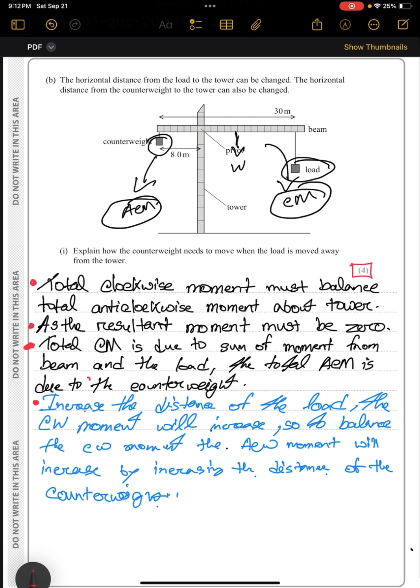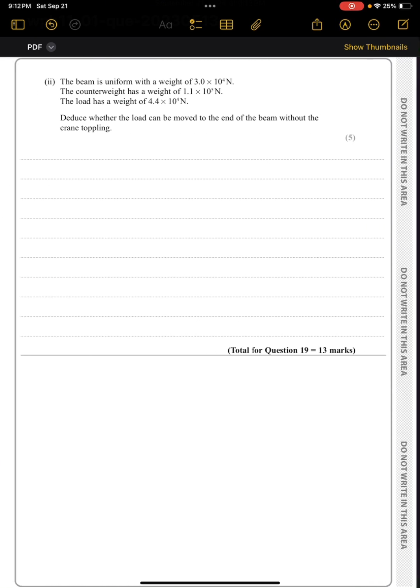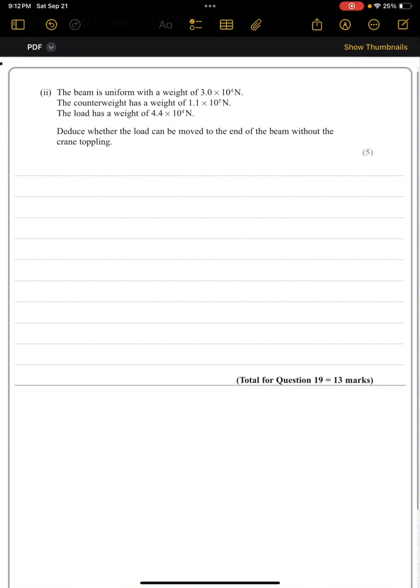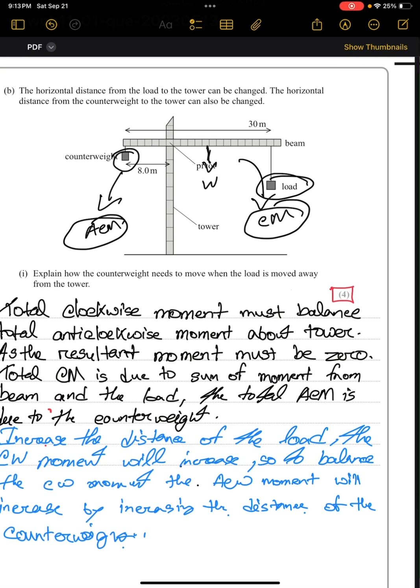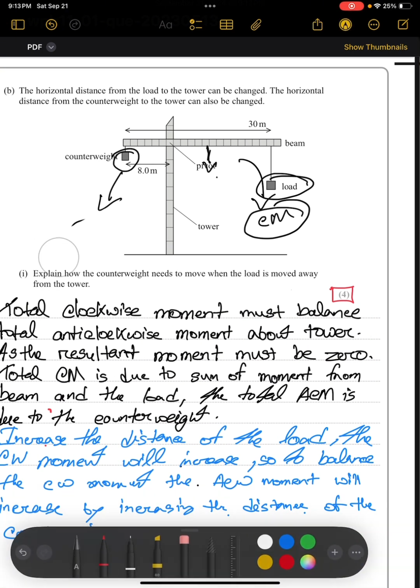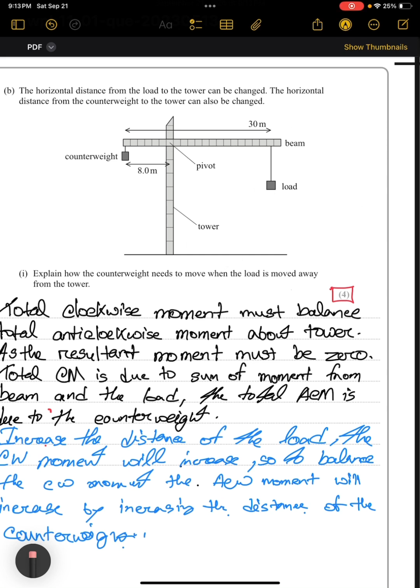So let's move to question number C. In question C, they have said the beam is uniform with a weight of this, the counterweight has a weight and the load has a weight. Deduce whether the load can be moved to the end of the beam without the crane toppling. So in the question they have given us the weight of the counterweight and the weight of the whole beam.